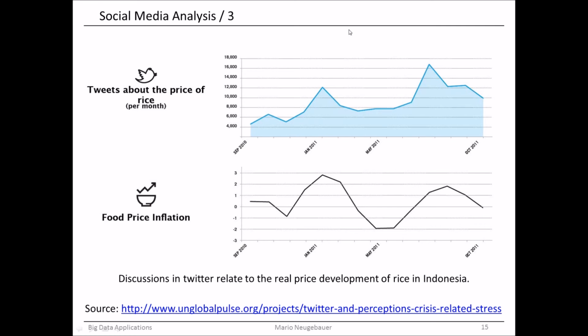So in the lower part of this graphic, you see the real price development from September 2010 to October 2011, and that there's a certain development of the price. And in the upper part, you see there is also a certain amount of discussions going on, discussions about the price of rice.